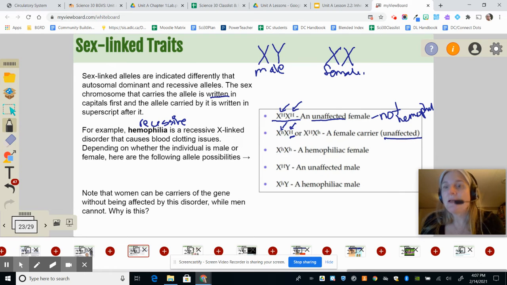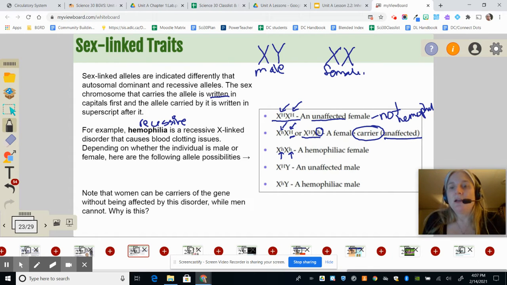They're unaffected, but we call them a carrier. So that would be the female carrier. They have 1 of those recessive alleles that cause the disease. The only way a female is going to get hemophilia is that they have to have 2 recessive alleles, 1 on each of their X chromosomes.